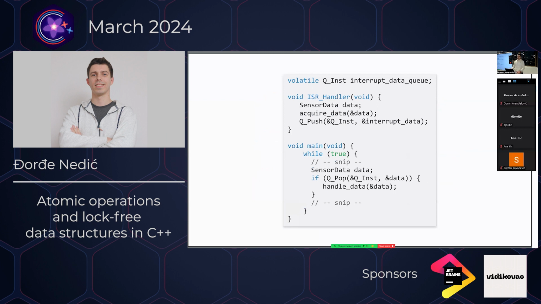Or you have a queue, and you push to that queue. Again, you push to that queue in an interrupt, you pop it in the main thread of execution, and then you handle the data. So this code, it's not portable. It's not pretty, but it works in a lot of cases, and that's why people keep recommending it. But towards the end of the talk, I hope that you will not be writing code like this.